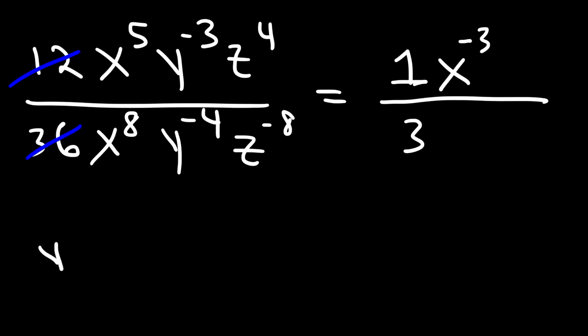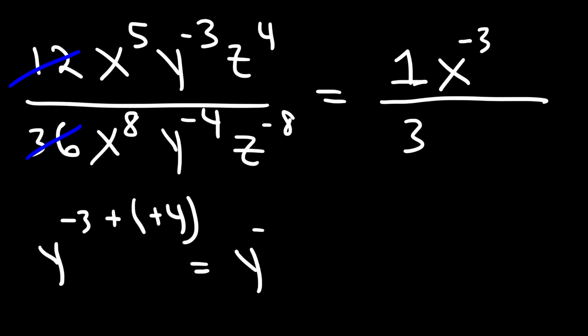So it's going to be y, and starting with the top exponent, negative 3, and then minus the bottom exponent, negative 4. Now what is negative 3 minus negative 4? A negative times a negative is a positive. So this is negative 3 plus 4. Negative 3 plus 4 is the same as positive 4 minus 3, so this is going to be positive 1.